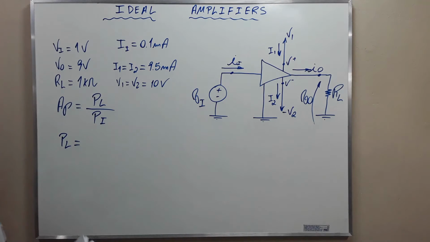The power delivered to the load is going to be the multiplication between the RMS values of the output voltage and the output current.